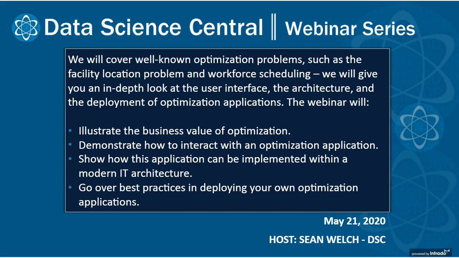We will give you an in-depth look at the user interface, the architecture, and the deployment of optimization applications. The webinar will illustrate the business value of optimization, demonstrate how to interact with an optimization application, show how this application can be implemented within a modern IT architecture, and go over best practices in deploying your own optimization applications.